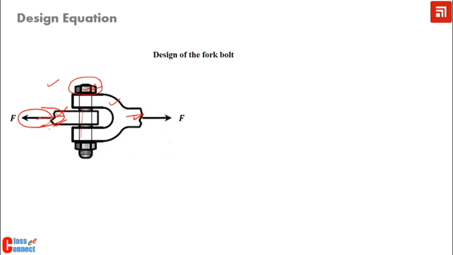So in this case, if we analyze this, the force applied here, this particular interface will apply some load on the bolt in this direction, and because of this load, some load will be applied here and some load will be applied here. If everything is symmetrical, we can assume that this load on the interface is acting at the CG of this, that is, at the midpoint of this fork arm.